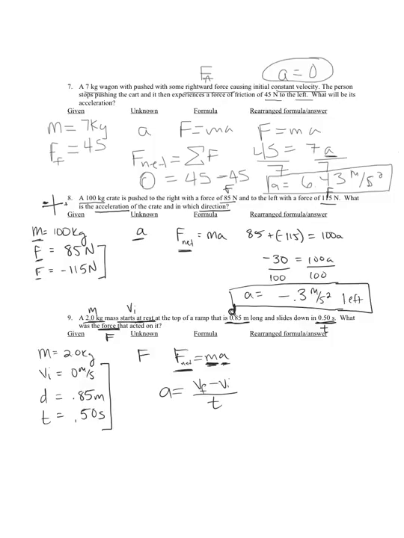But the problem with using that equation is we're not given the final velocity. We'd have to calculate the final velocity. Well, that's a lot of steps. So instead, I can use another equation that has acceleration in it, but also gives me all of the other items that I need in order to find acceleration. And what do I mean by that? Well, another equation that we have at our disposal is distance equals 1/2 A T squared.